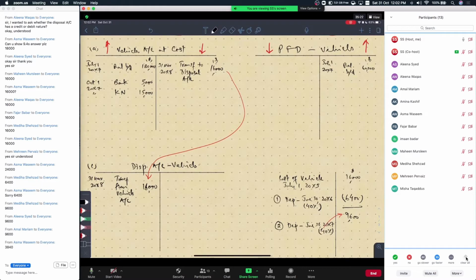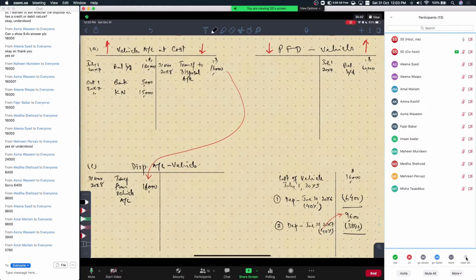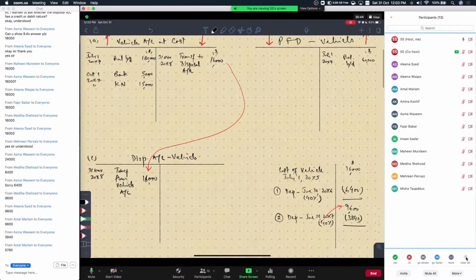So yes, thank you, Asma, 3,840, and we are going to charge 3,840, and now we have our updated net book value. How much would that be? 5,760. Please अपनी अपनी calculations हर बंदा करे.